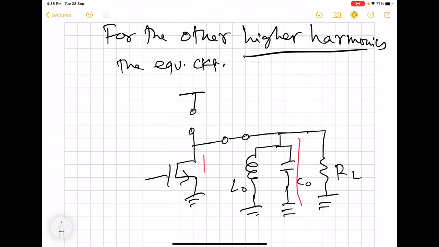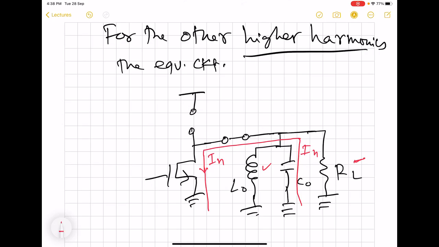So all the higher harmonics, they will tend to flow more through capacitor than through inductor, whose impedance will keep on increasing as the frequency increases. And the load will, of course, offer a constant impedance, but it will be definitely higher than the impedance offered by the capacitor. So in approximate way, we can say that all the harmonics flow in this way.